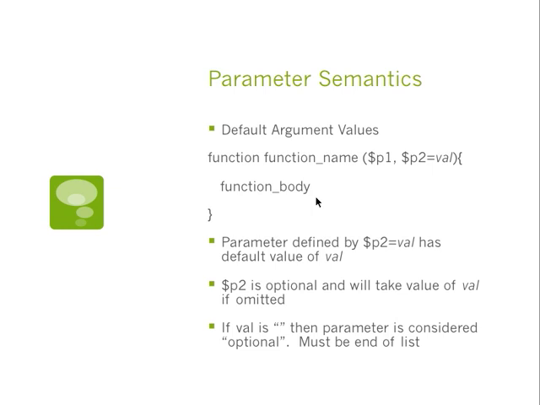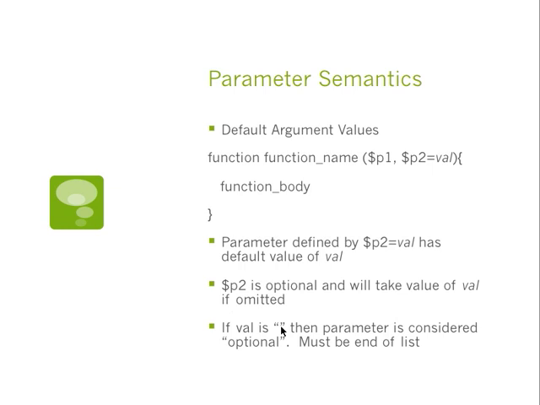Another thing that you can do is have what is called an optional argument, which is slightly different from a default argument. An optional argument must be the last argument within the parameter list, and you basically set the value equal to an empty equals, as shown here.